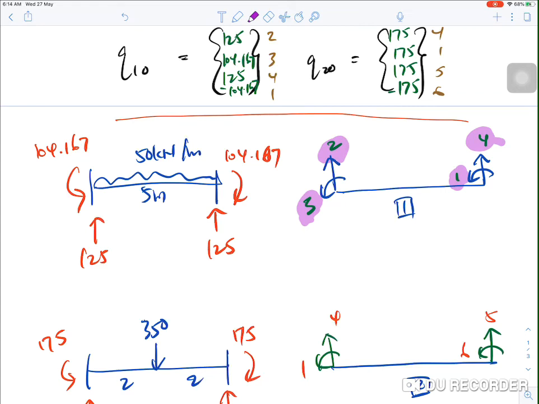For position 2, it is equivalent to 125. Okay, position 3, it is equivalent to 104.167. Okay, for position number 4, it is 125. Same, we compare the same position. Okay, and one is in the opposite direction, so it is negative 104.167.